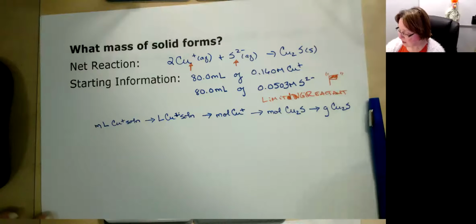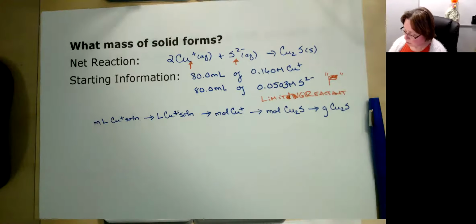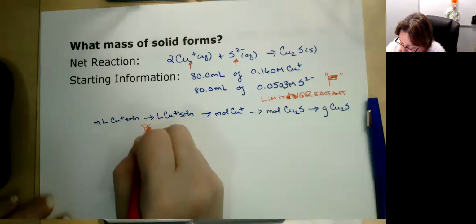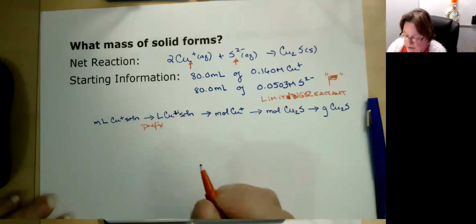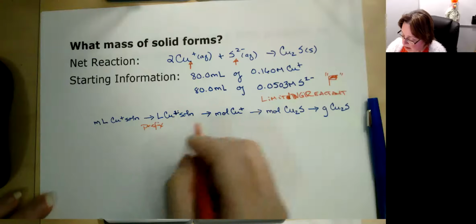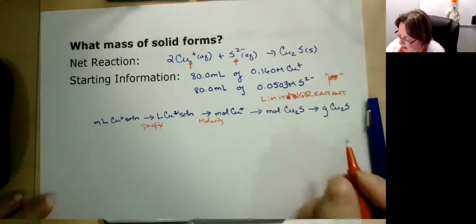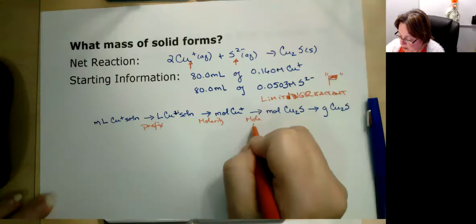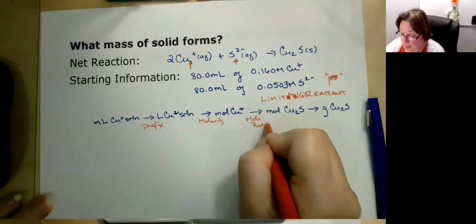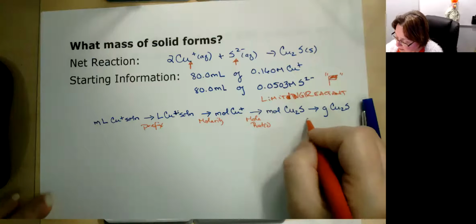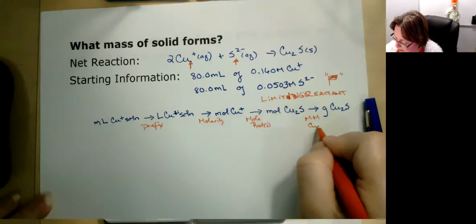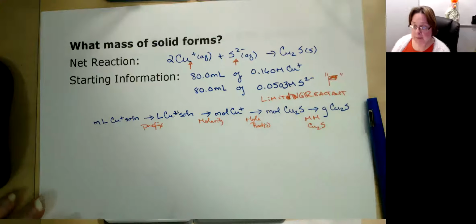Okay. So for this first one, we need to know a prefix, one of those things we're supposed to have memorized. For the second one, we're going to use molarity as a conversion factor. The third one is our mole ratio from our balanced reaction. And then lastly is the molar mass of copper 1 sulfide. Okay.